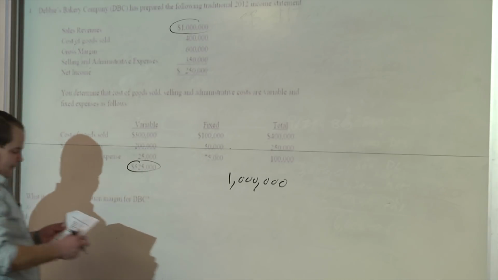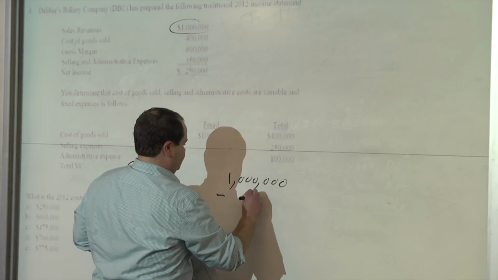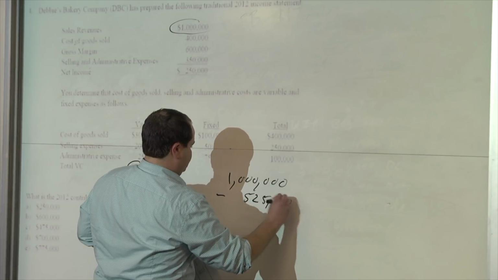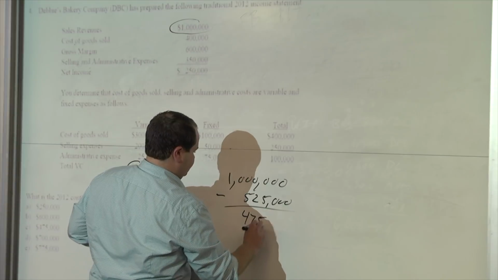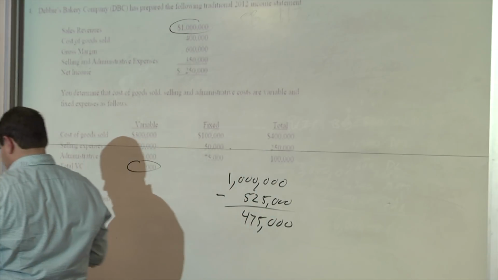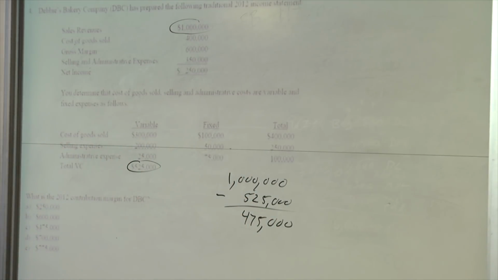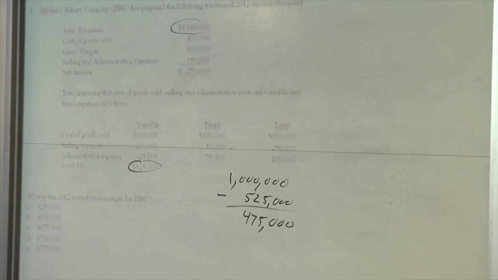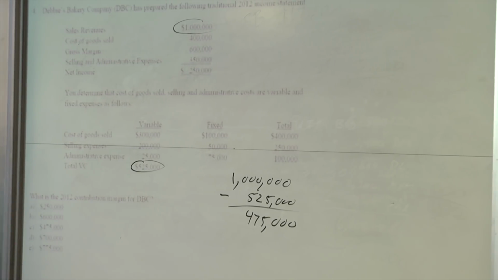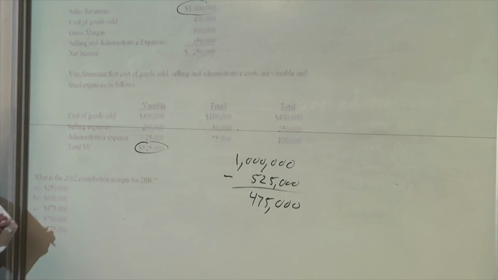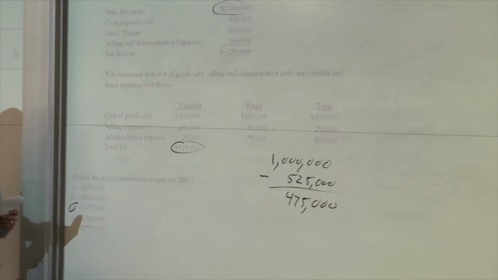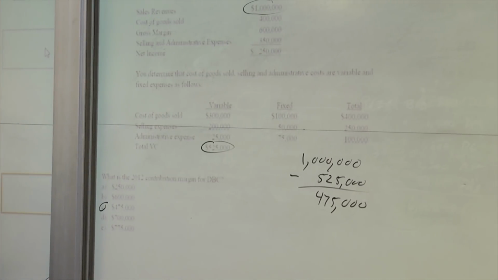So simple enough. What do we end up with? 475. All right, so that's a nice, quick, easy one. Just remember, what is the definition of contribution margin? And you basically have your answer with those two numbers. So answer is C, 475,000.